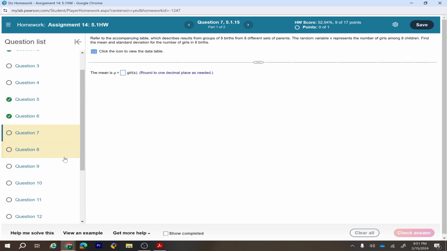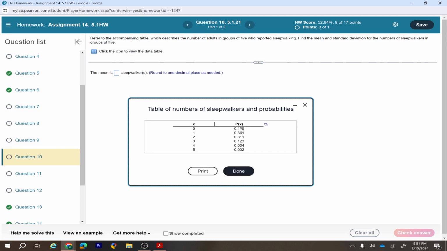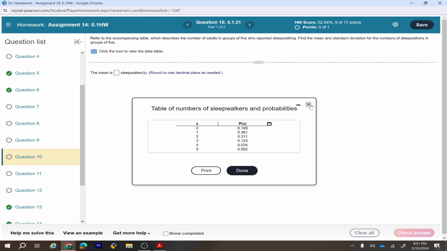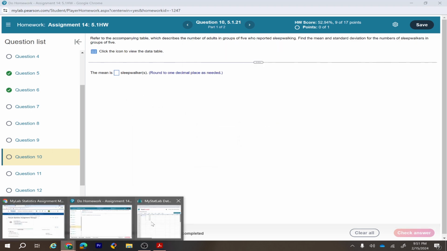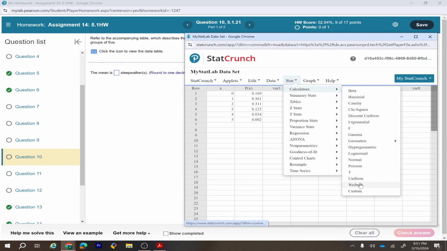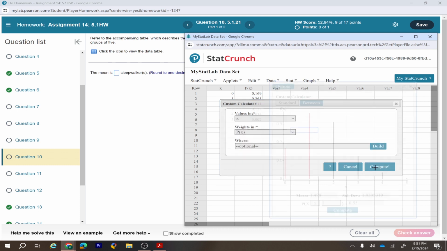I am going to do one more question, and then we're done for this section. Refer to the accompanying table. If you click here, you are going to get the table. If you open it in StatCrunch, you will be able to find the mean and the standard deviation. Go to Stat, Calculator, Custom, choose the variable from the x column and the variable from the p of x column, and just compute.